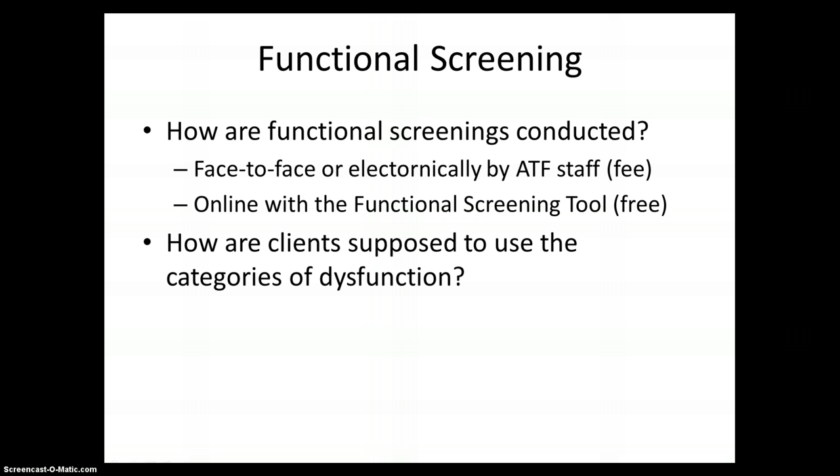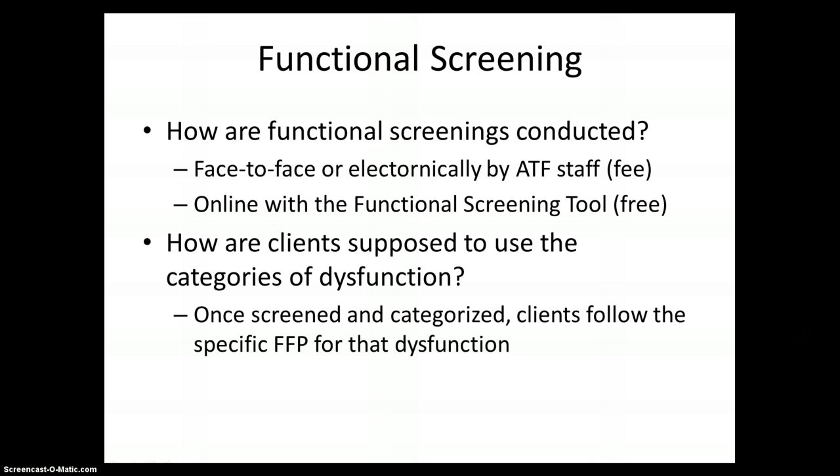They can then categorize themselves according to their category of dysfunction and select the appropriate functional fitness prescription. So again, how do they do this? Once someone is screened and categorized, they will follow the specific FFP, or functional fitness prescription, for that specific dysfunction.